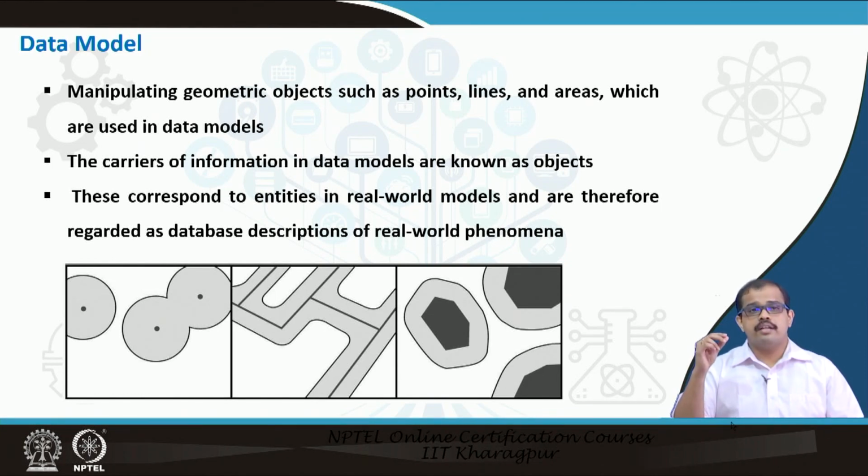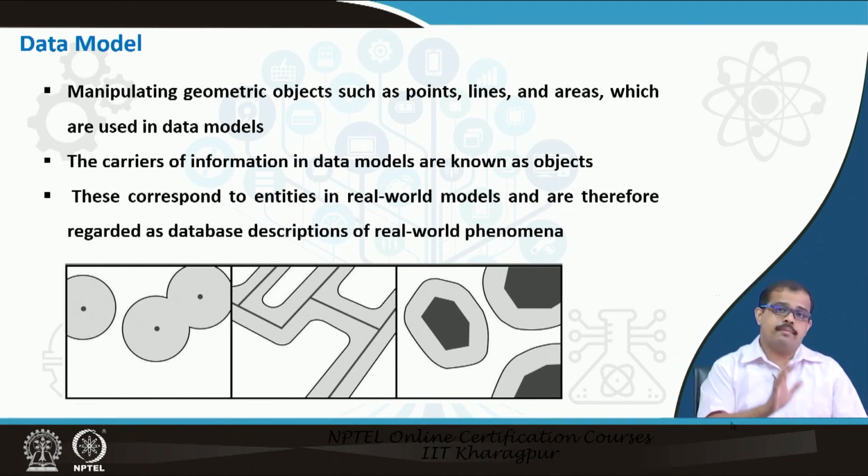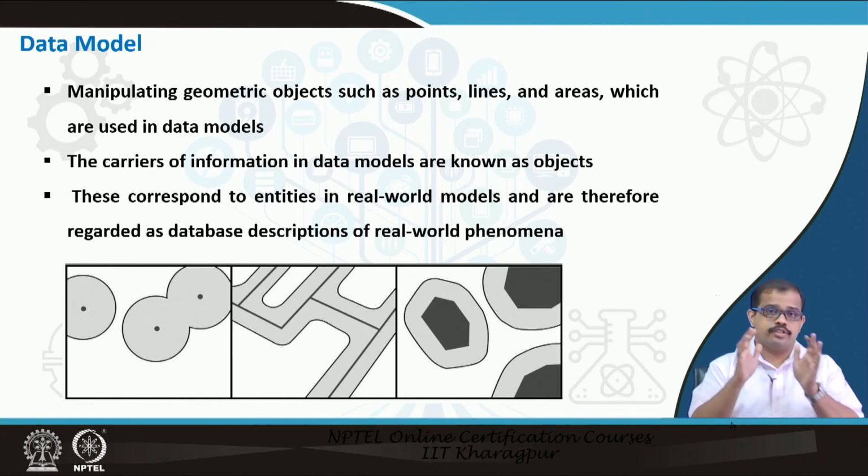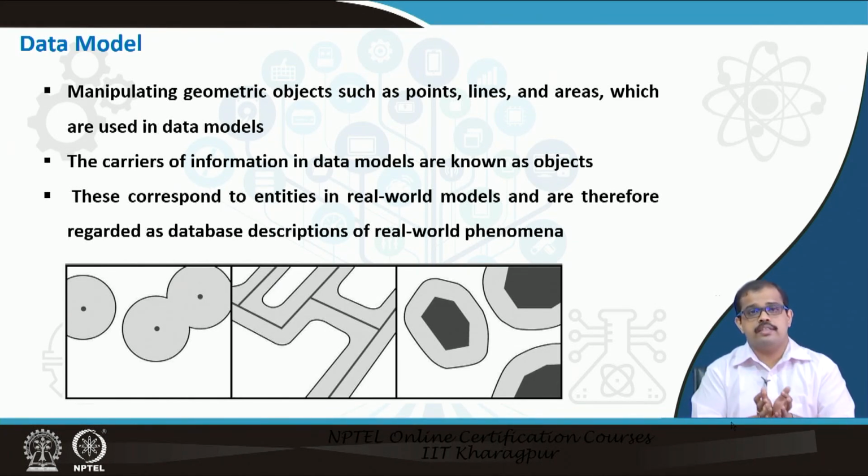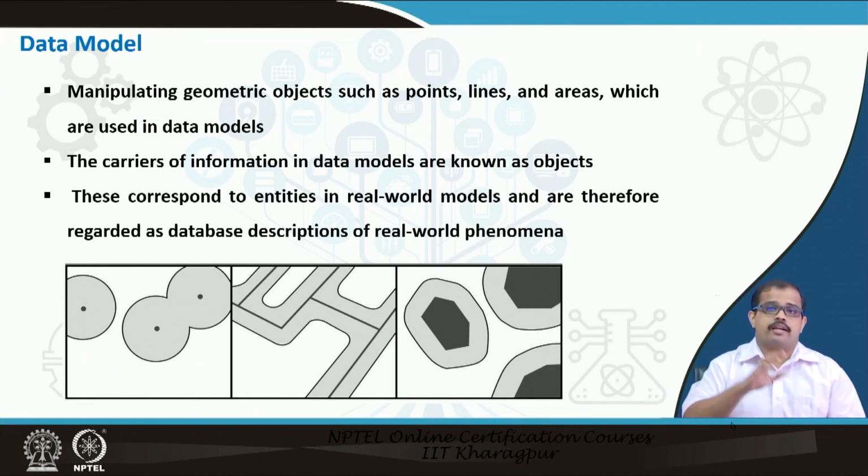So in this data, a huge number of geometric objects are there, and manipulating these geometric objects is done through data models. When we look at data models, each of these objects is nothing but your information. These are the ones which carry your information, so the carrier of information in a data model is an object.